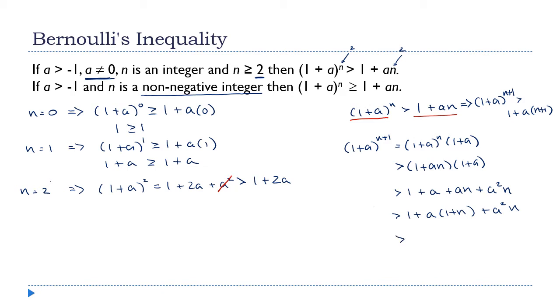So this is greater than 1 plus a(1 plus n). And that's what I wanted to show. That's what I was looking for. Let me bring this down here: (1 plus a) to the n plus 1. And if you compare that to this piece right here, you'll see they are the same. That's what I needed to show. I showed that if it's true for n, then it's true for n plus 1. Therefore, we're done. That proves the inequality.